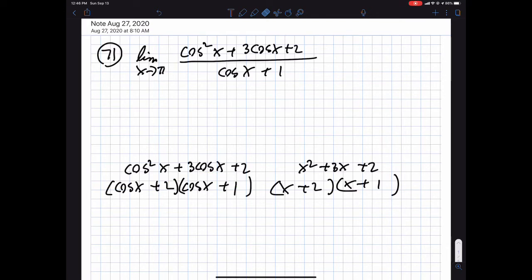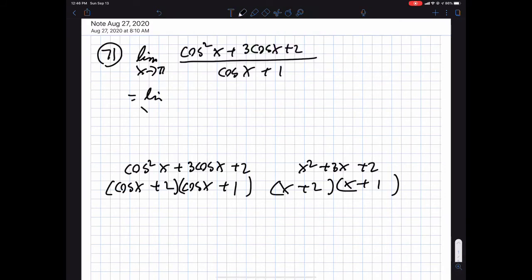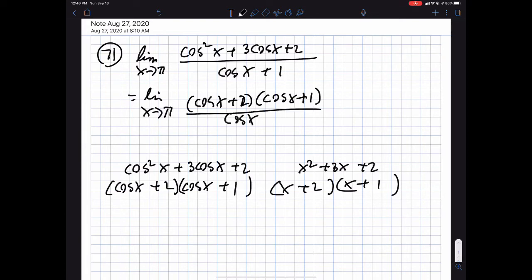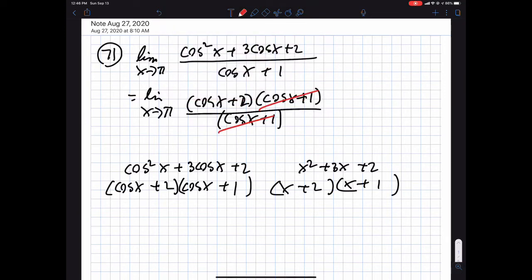So that's the factored form. Let me rewrite that. We're going to get cos x plus 1, and I'll do cos x plus 2, keeping it the same as how I factored earlier. And then you're happy, because hopefully you see we have something that cancels, and now we can find the limit of the top.